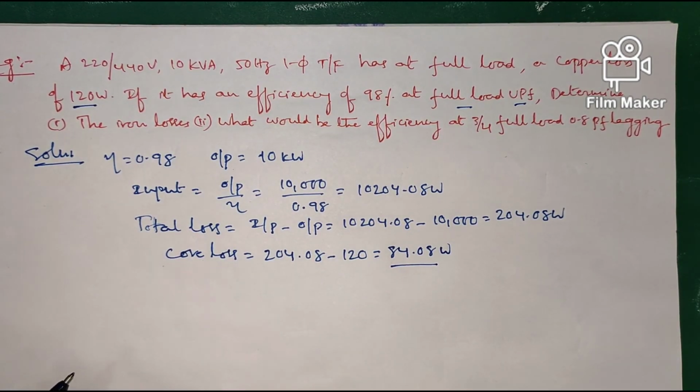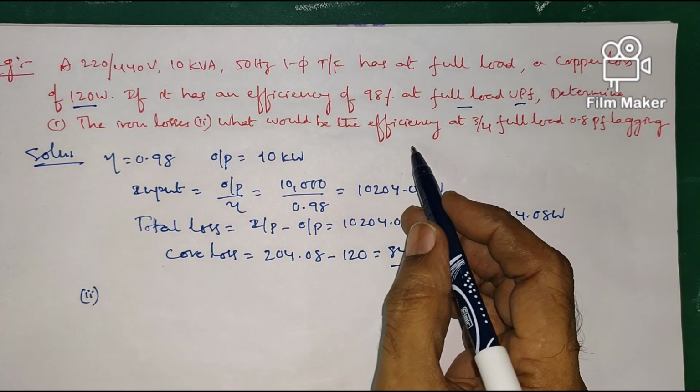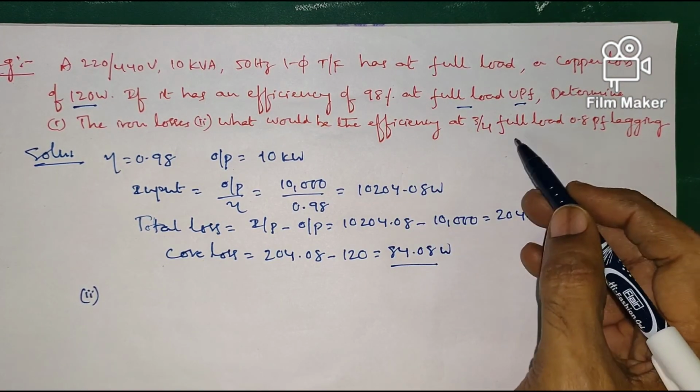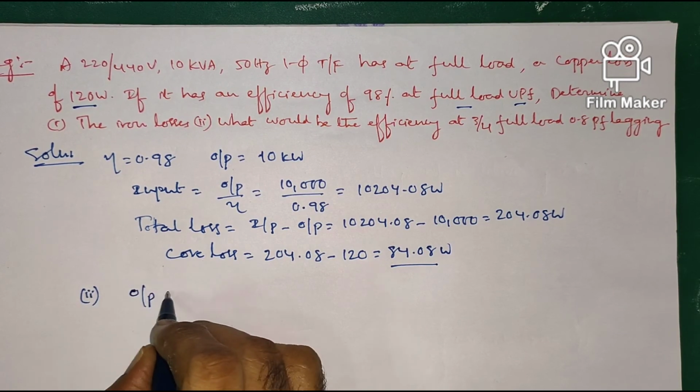Next, second, we have to find out the efficiency at 3/4 of full load 0.8 power factor lagging. In order to find out the efficiency at 3/4 of full load, first we have to find out the output at that particular load.